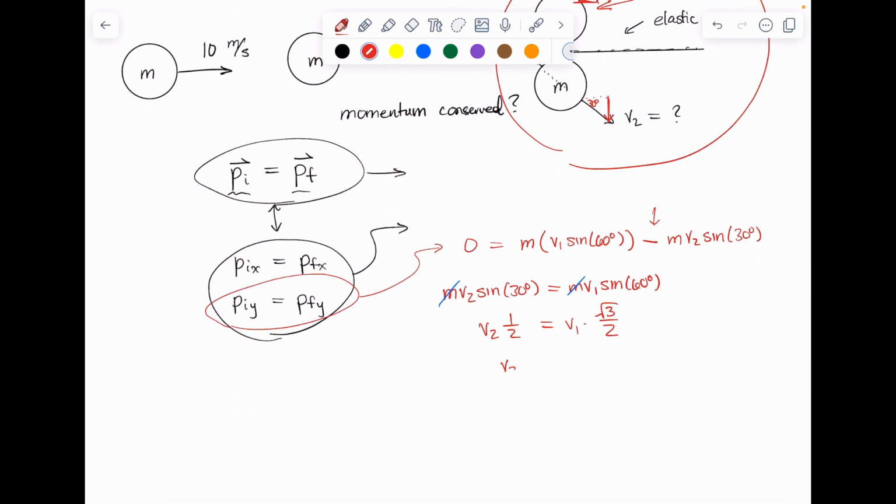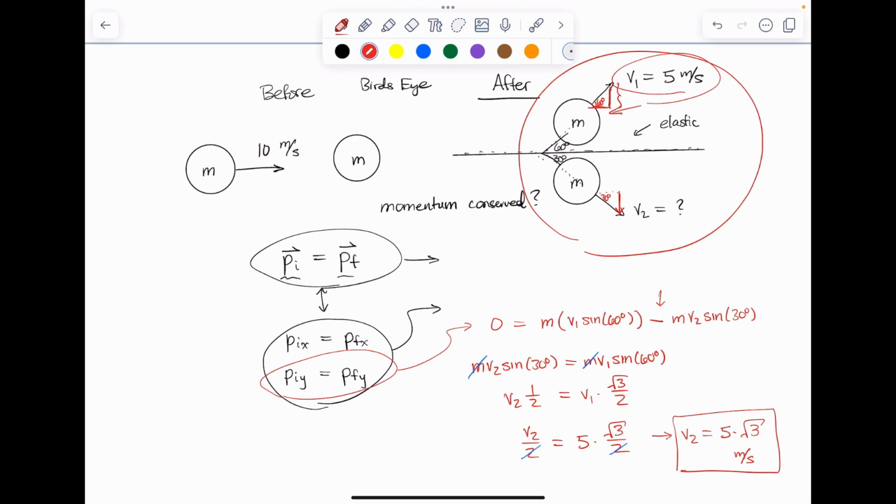So we get v2 over 2 equals 5 times radical 3 over 2. All right, this turns into, well, the 2's cancel, these 2's, and we get that v2 equals 5 times radical 3 meters per second. Beautiful.